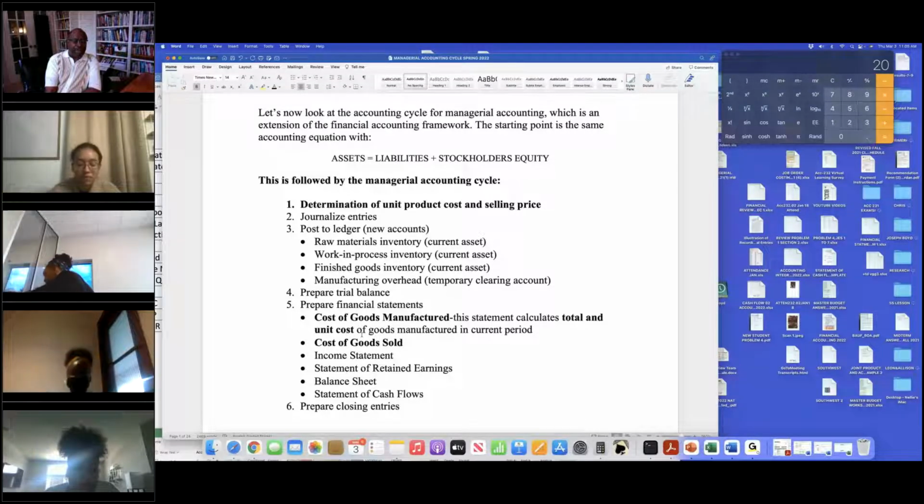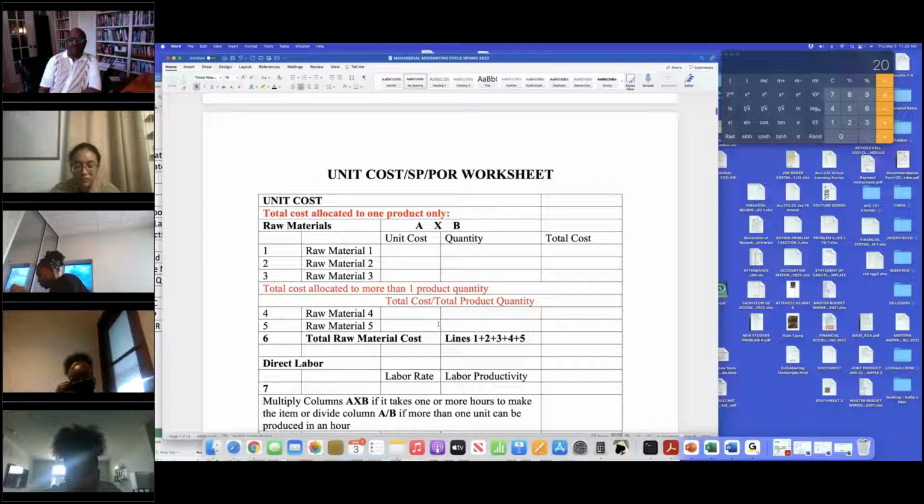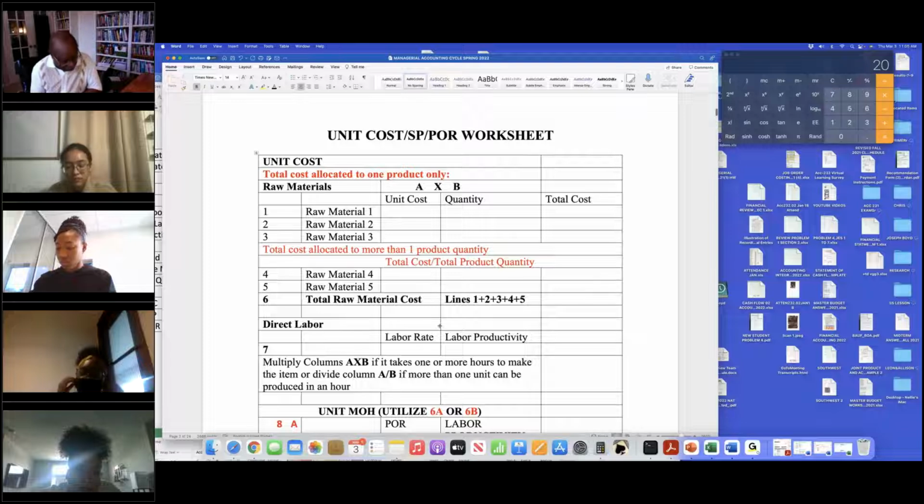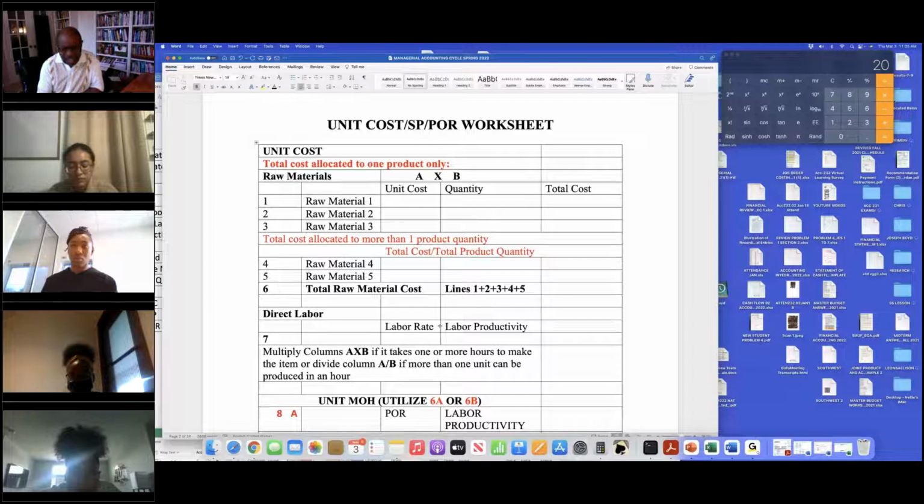Let's go back and review this unit cost worksheet, and we're looking at the one I have here. If you would, go ahead and pull up the quiz that we had last time.